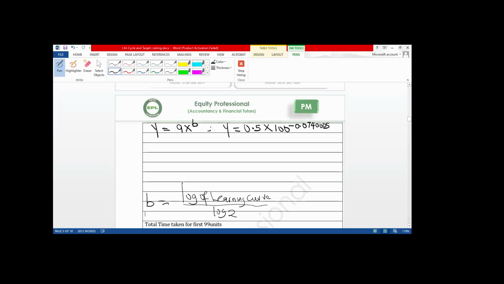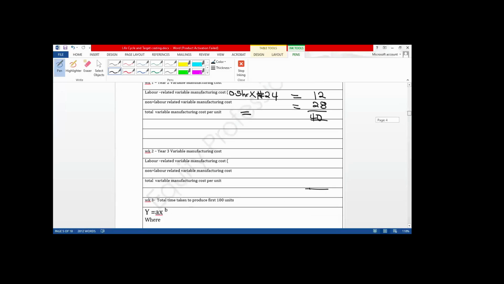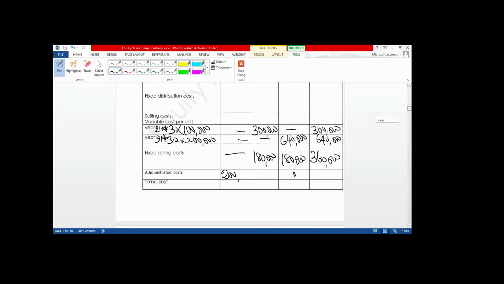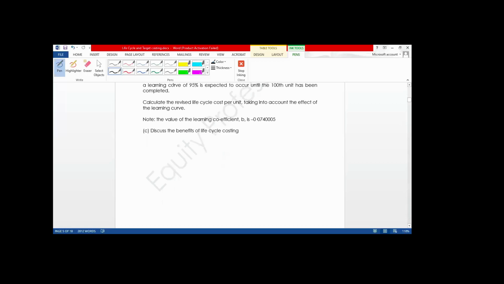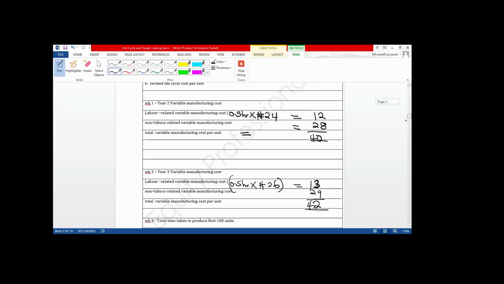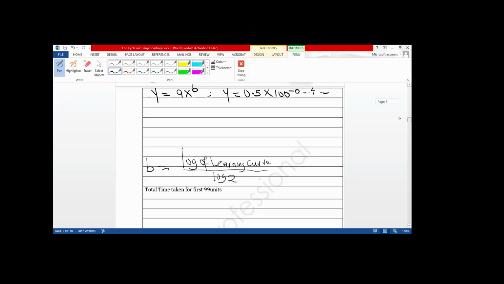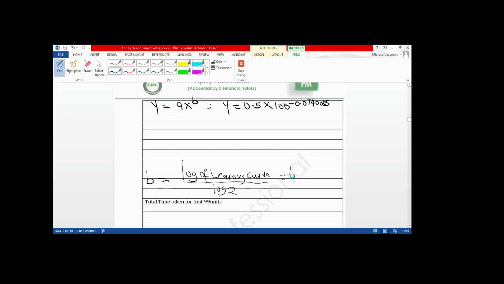Like this question, the examiner says a learning curve of 95%. If I want to calculate it myself, I will do log of 0.95 divided by log 2.